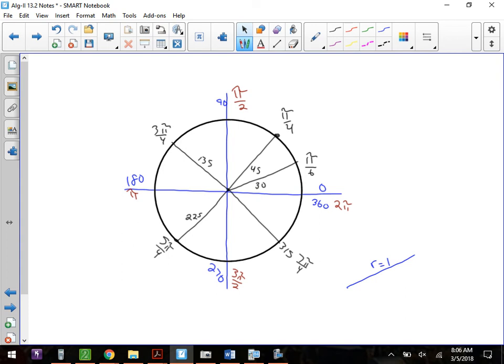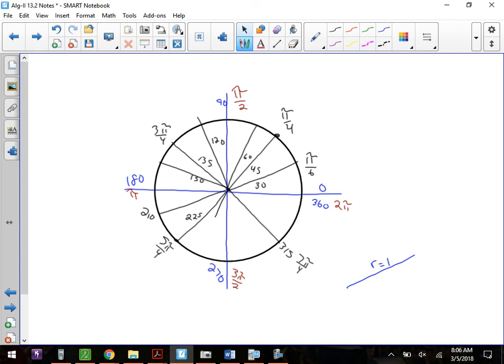Now, if I go up by 30 degrees from there, what do I wind up at? 60. What's 30 degrees from 60? 90. 30 degrees from 90, 120. 30 degrees from 120, 150. 30 degrees from 150, 180. 30 degrees from 180, 210.